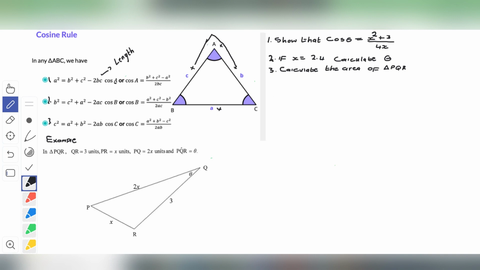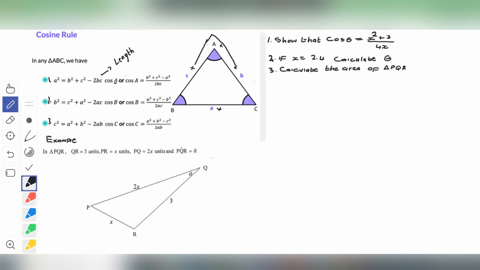And this angle A is opposite to A. So that's why we have A squared is equals to B squared plus C squared minus 2BC, which is these two sides which form that angle A, right? We'll come to this cosine of A.